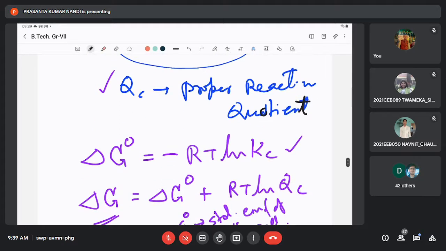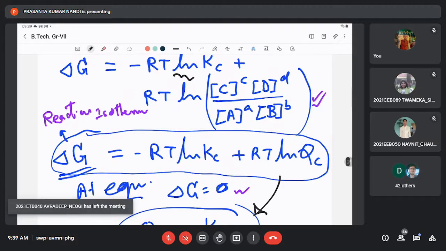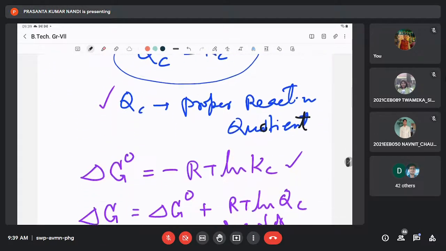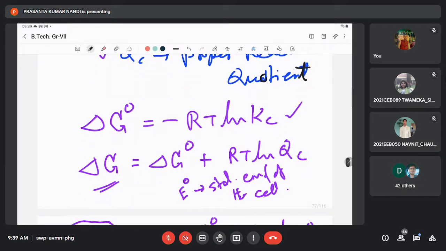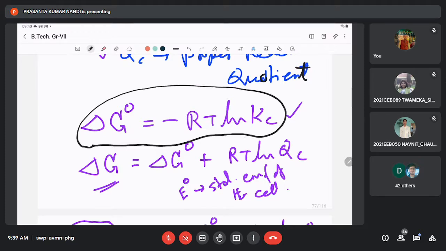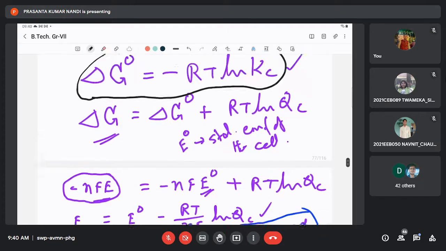Now, minus RT ln Kc we generally represent as delta G 0, right? You know these expressions. What does the delta G 0 superscript stand for?